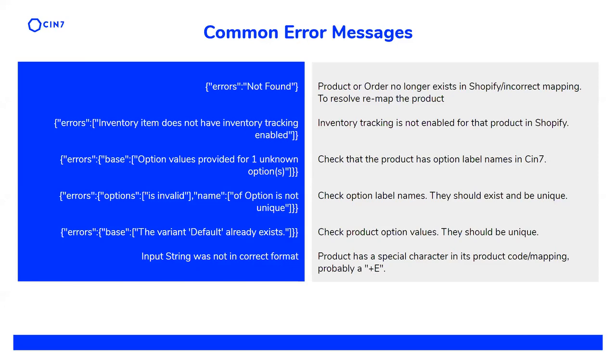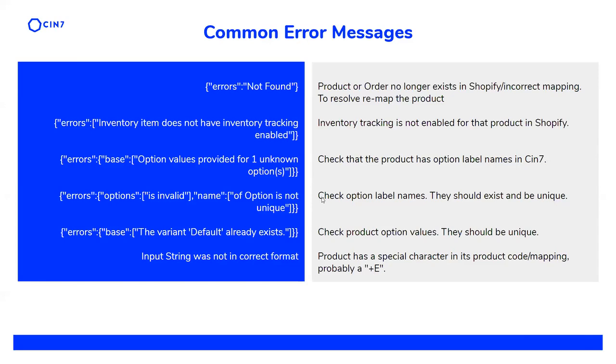If you're not going through and adjusting the cell information to not have this and you upload it to Cin7, that plus E character will be there, and then it will no longer match what's on Shopify and throw a mapping, or in this case, a format error. So just be careful when you are doing things with data in Excel or other spreadsheet software that it is all in the correct format, and then you should be fine from there.